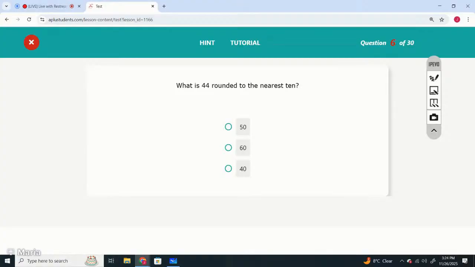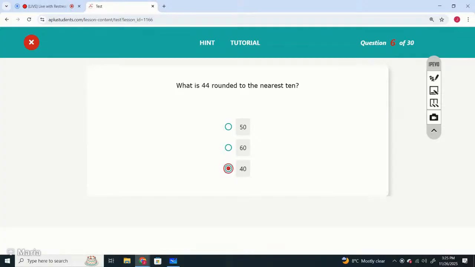What is 44 rounded to the nearest 10? 44 rounded to the nearest 10. 44 is rounded to which 10? 44 is rounded to 40.